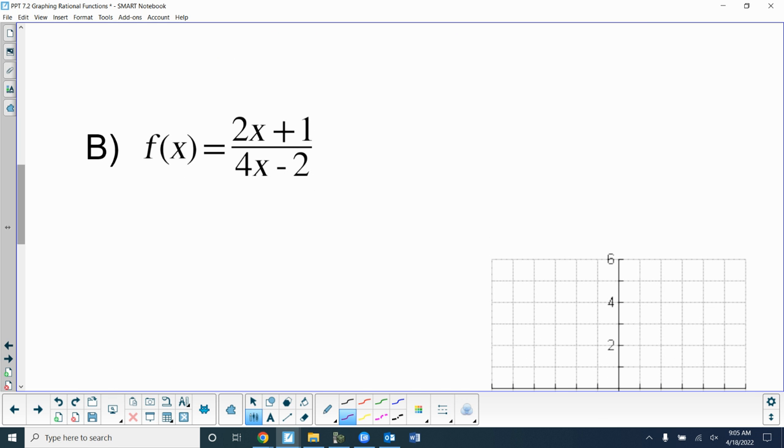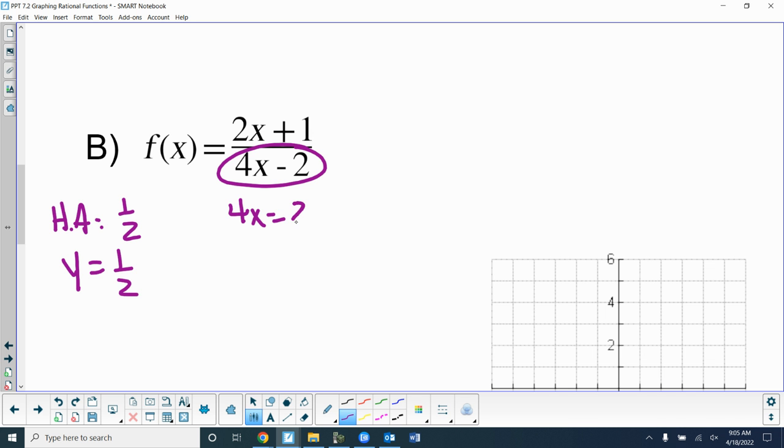All right, so what's my horizontal? 1/2? Yeah. 2/4 reduces to 1/2, so that's y equals 1/2. And then what makes this equal to 0 would be adding 2, right? And then divide by 4, it also becomes what? 1/2 or 0.5, right?